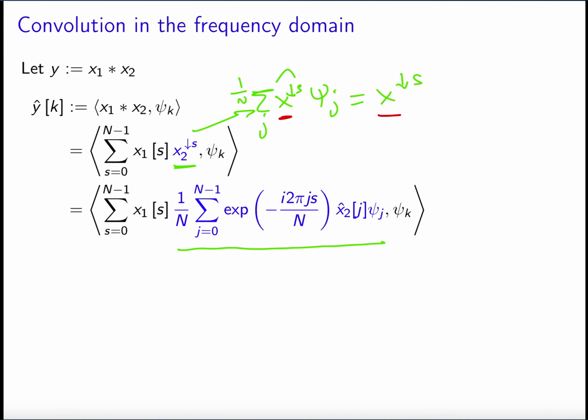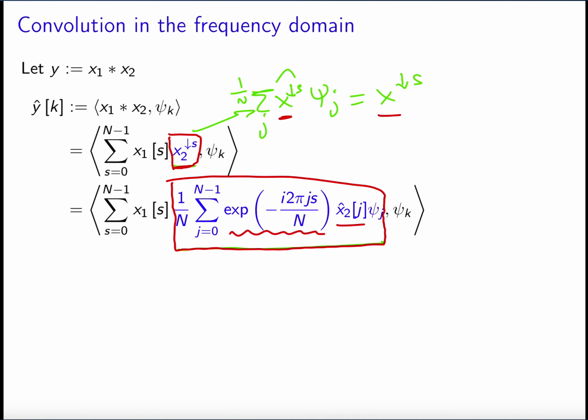So we now know that those coefficients are just equal to this constant times the Fourier coefficients of x2, because realize that we're talking about x2 here. So basically this blue term has been replaced by its DFT representation. Why have we done that?